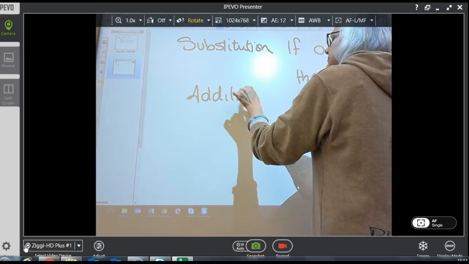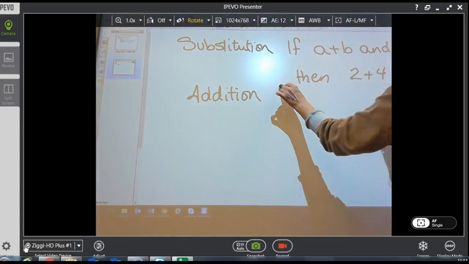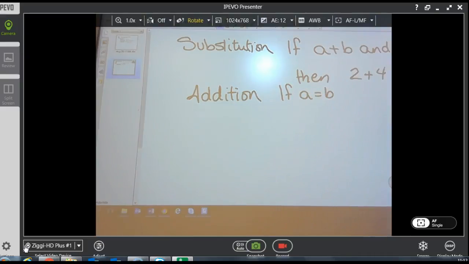Just replace the variable with the number. With addition, whatever you do to one side of an equation, you have to do to the other. So if A equals B, then A plus C is equal to B plus C. So with subtraction property, I bet you can write it down faster than I can.